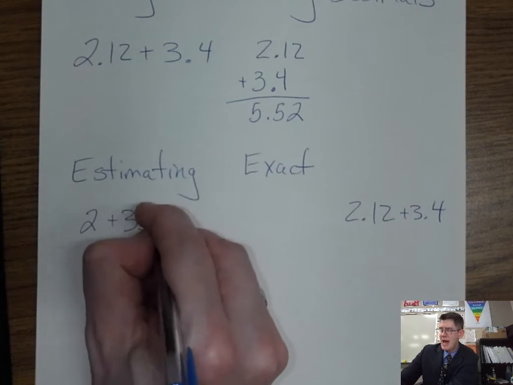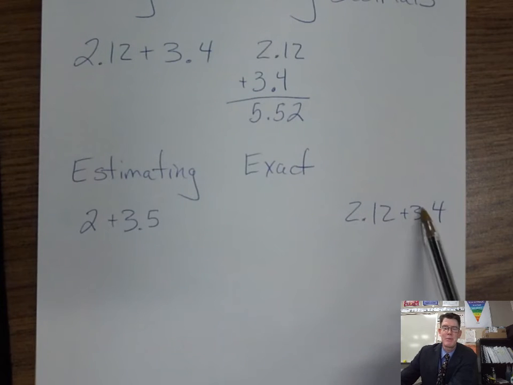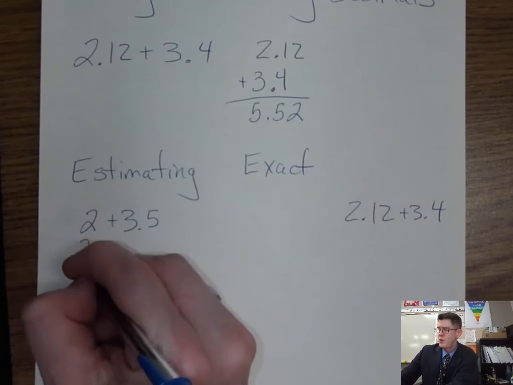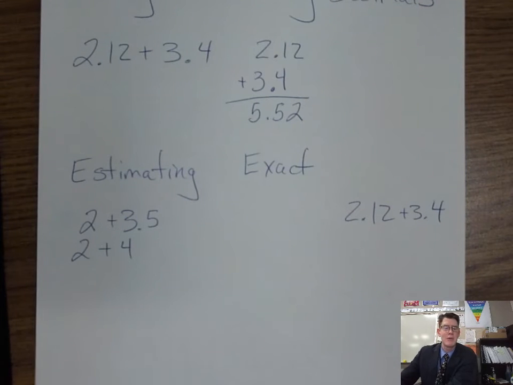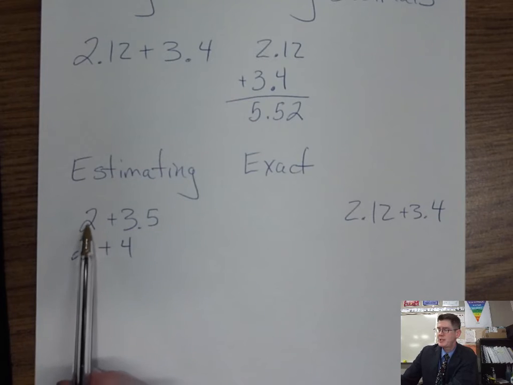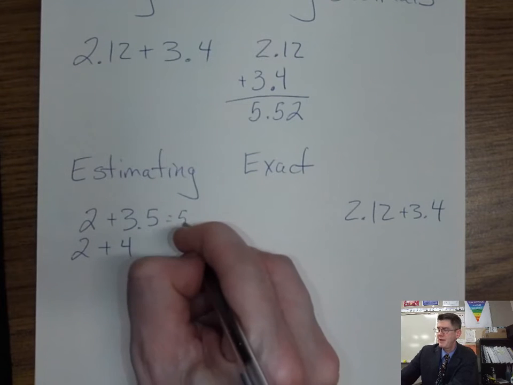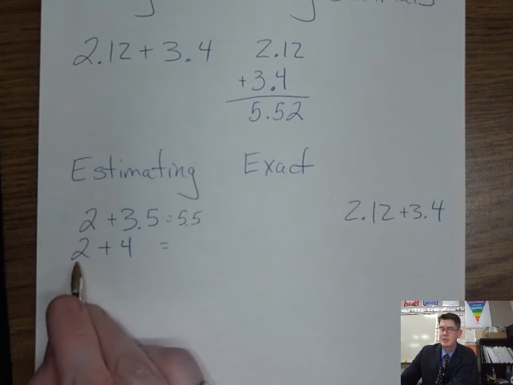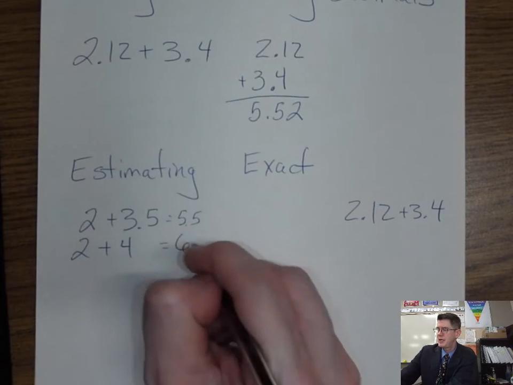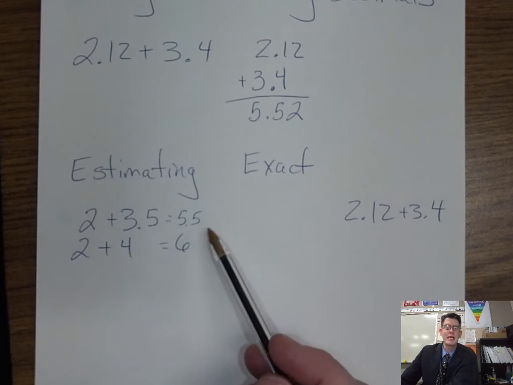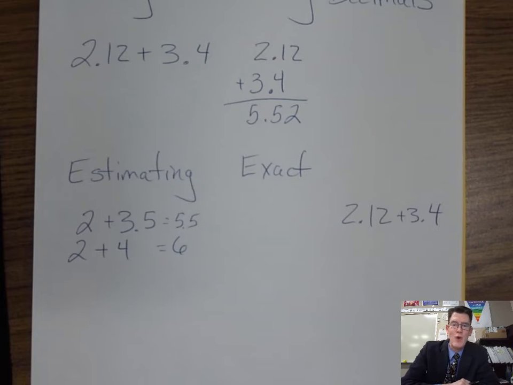Some people might even say, oh, we're approaching 4, so I'm going to say 4. When you estimate, you're just coming close. If you estimate with this one, you get 5.5. And if you estimate with this one, you get 6. But both of those, in estimating, we're not trying to get the exact answer. We're just trying to make sure we understand about how much it is.